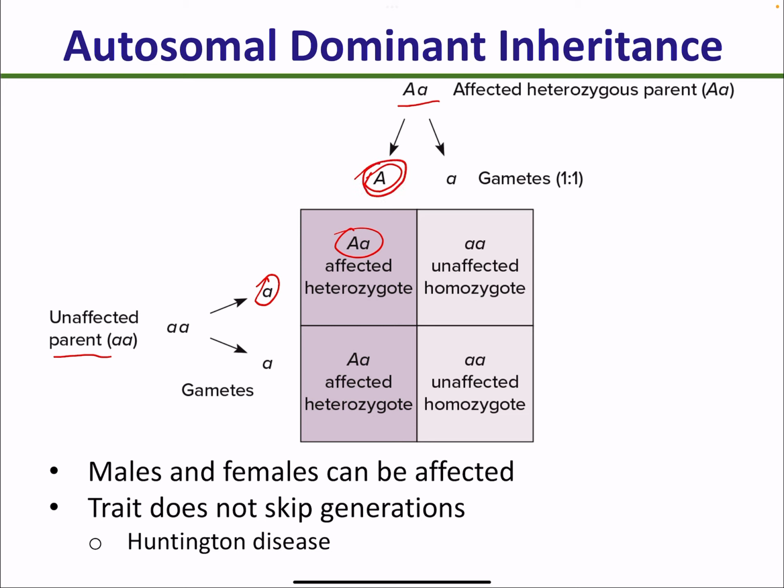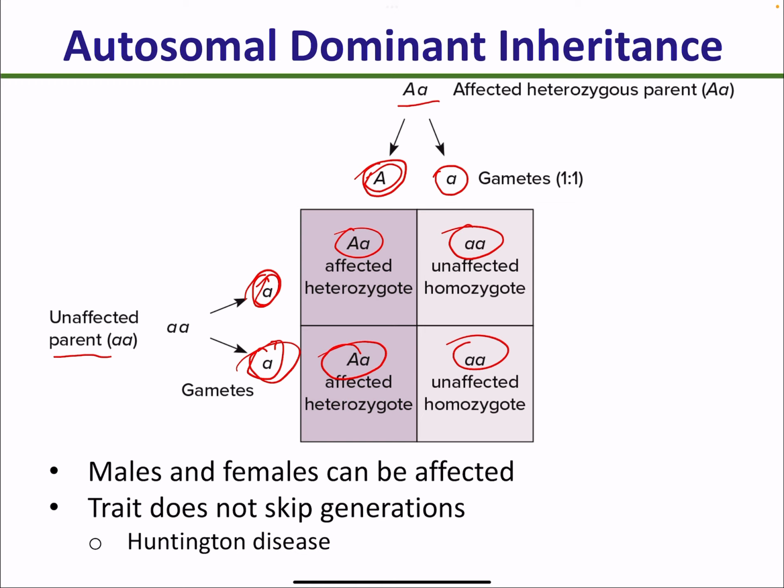Then you cross this one and this, you have a heterozygous individual. But when you cross lowercase a and lowercase a, you have an affected, a recessive individual, and here a recessive individual.